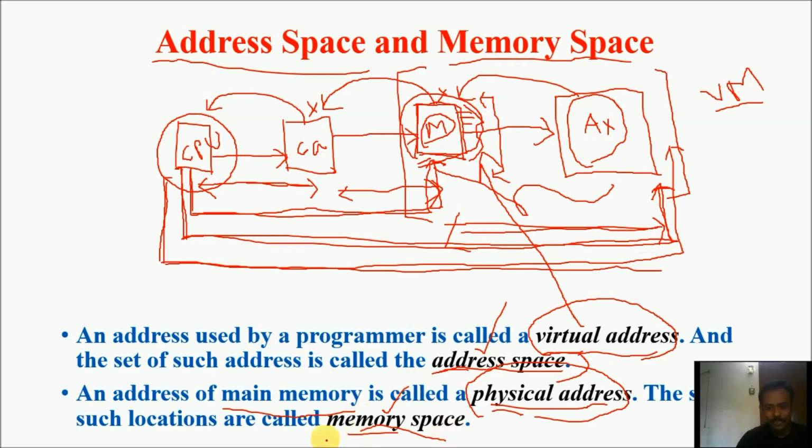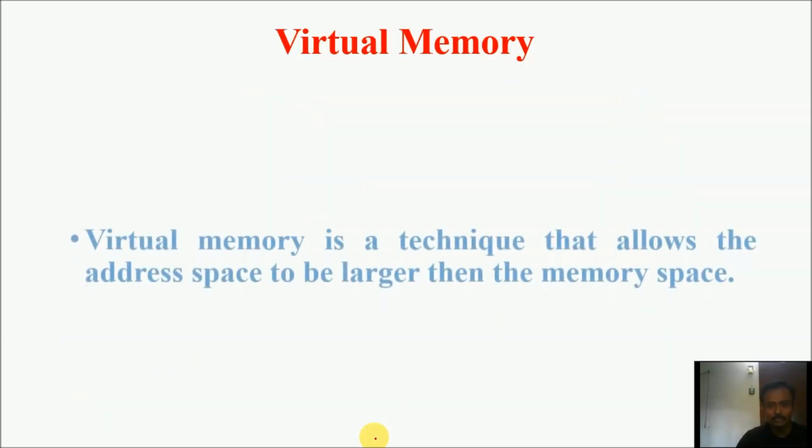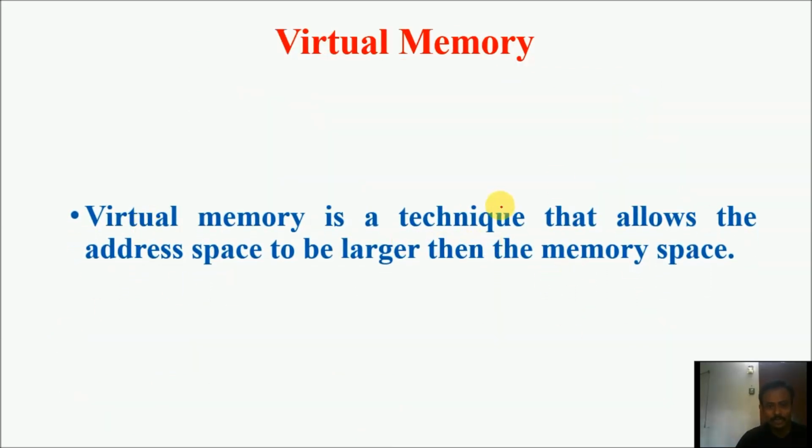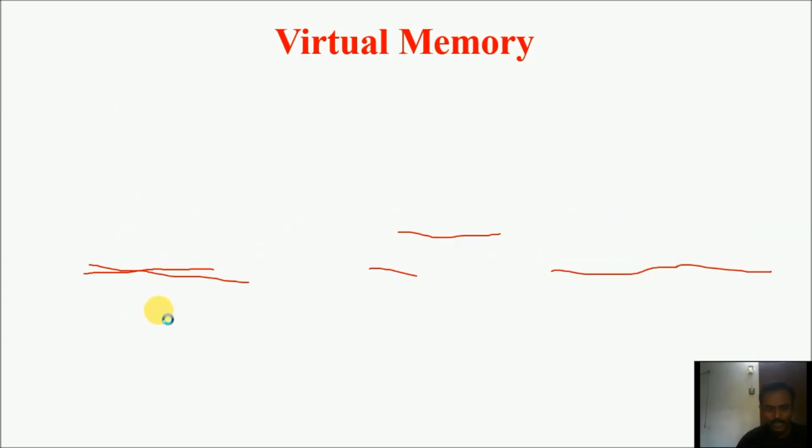So let's see, if we understand the address space and memory space, what will be the definition of virtual memory? It's a technique that allows the address space to be larger than the memory space. When the address space is larger than the memory space, that is called virtual memory.